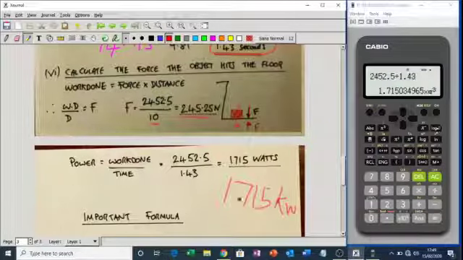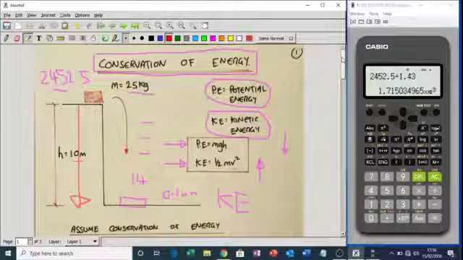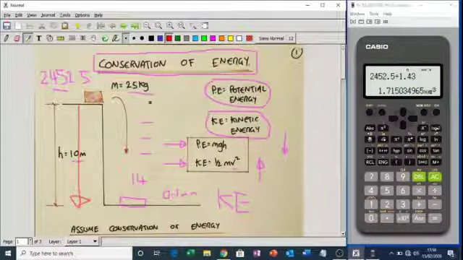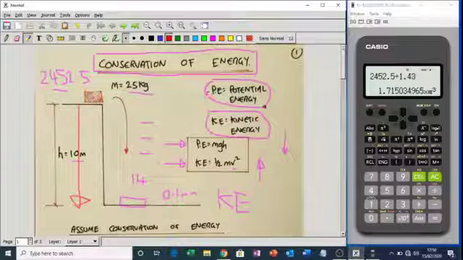So that's the power that could be generated if you could harness this work done and this force. So that's conservation of energy. Energy doesn't get destroyed, it just gets converted into different forms. In this example, we've used potential energy and kinetic energy.